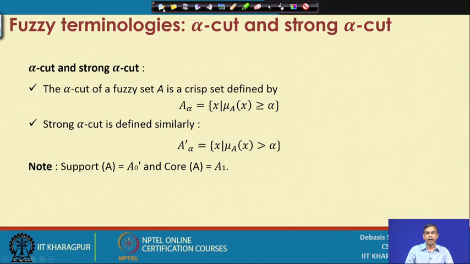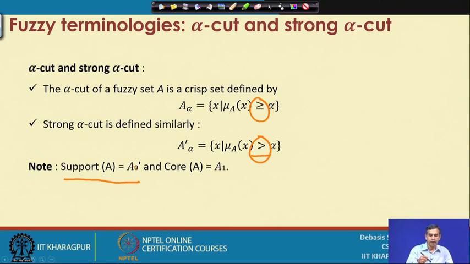Likewise, for the strong alpha cut, the difference between the two is that the alpha cut uses greater than or equal to, while the strong alpha cut uses greater than; otherwise they are the same. We can easily understand that the support that we discussed is the complement of A 0, where complement means the elements other than those belonging to 0, just like a set complement.